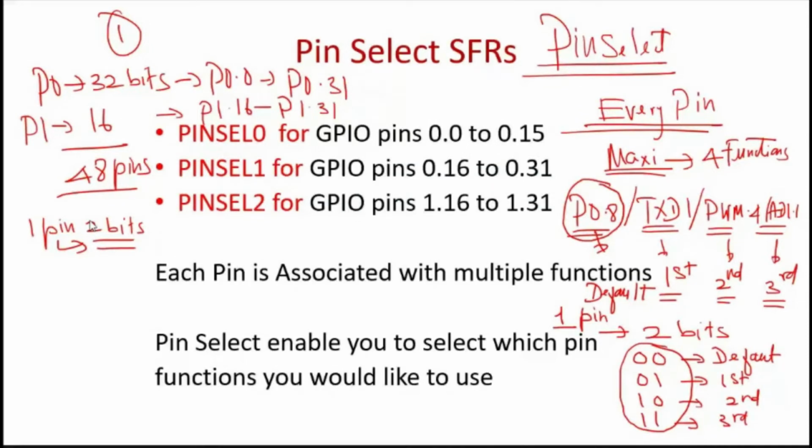If each pin takes 2 bits for defining its functionality, then our 48 pins means 48 into 2, totally 96 bits. Why do you need 96 bits? To specify the functionality of 48 pins.